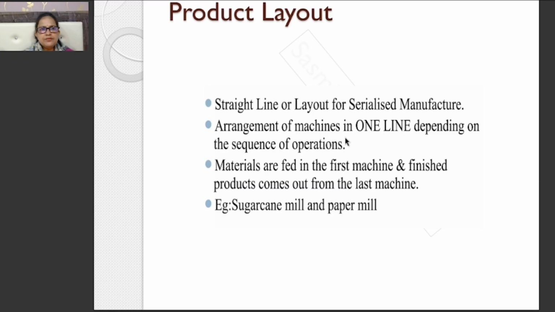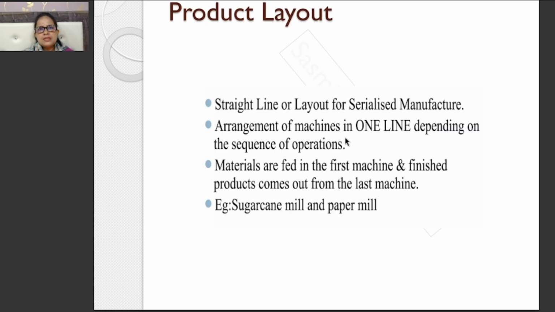Materials are fed in the first machine and finished products will come out of the last machine. So the examples are like sugarcane mill, where we are producing sugar, paper mill, cement industries, where we are going for mass production. That is called product layout.